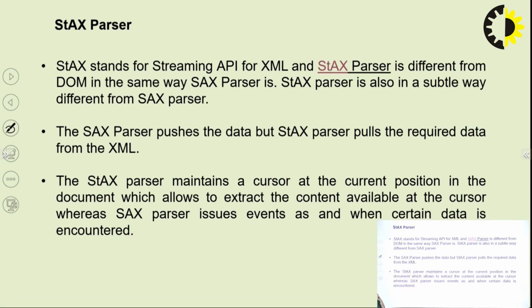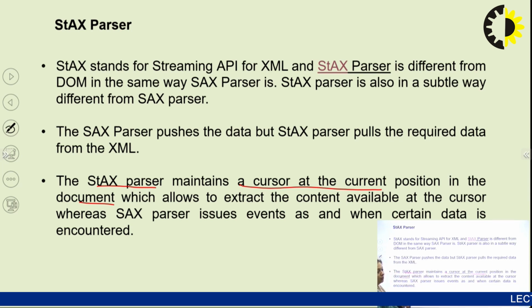The StAX parser maintains a cursor at the current position in the document. One thing we need to remember is that with the StAX parser we have a cursor at the current position, and this allows us to extract the content which is available at the cursor, which was not possible in a SAX parser, whereas a SAX parser issues events as and when certain data is encountered.